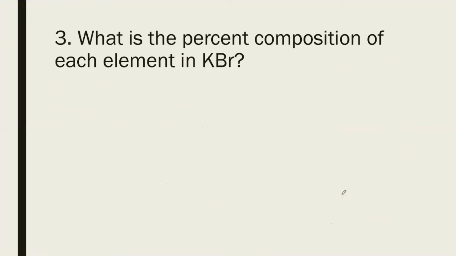Question 3. What is the percent composition of each element in KBr? So dahil wala silang subscript, we can assume now it's one atom per element. So K is 1 and Br is 1. Multiplied by the atomic weight.